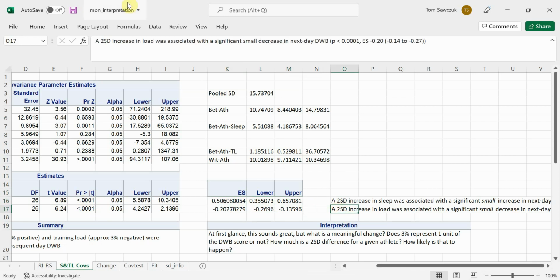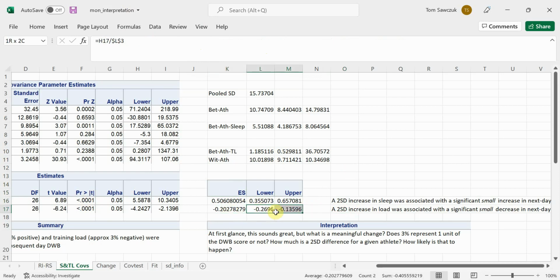And there was also a significant small decrease in subsequent day daily well-being with a 2SD increase in training load. As you can see, again, a minus 0.2 is a small effect size, but it straddles the border with a lower and upper. So again, it's questionable from the confidence intervals how certain you should be that it was a small decrease, or whether it was a trivial decrease, according to Cohen's d effect sizes.